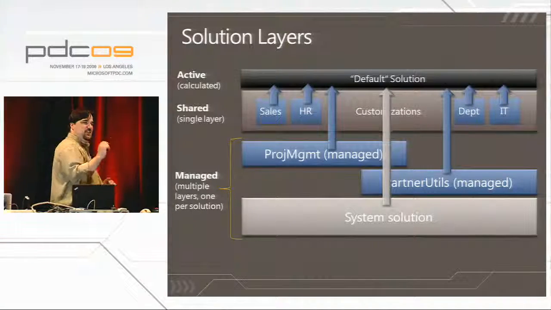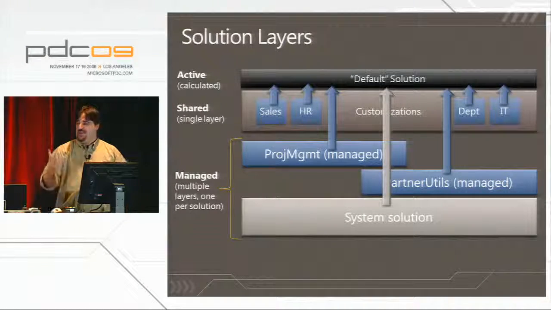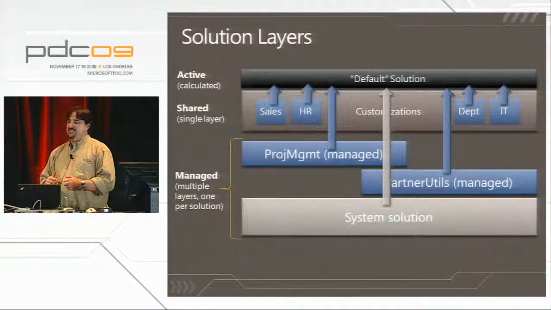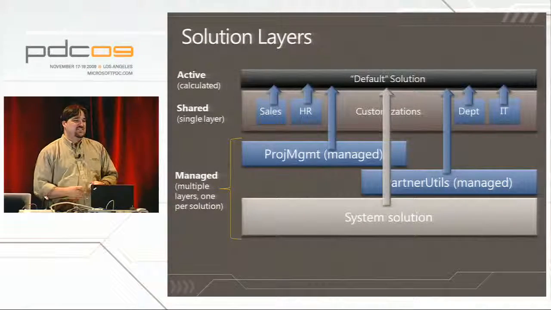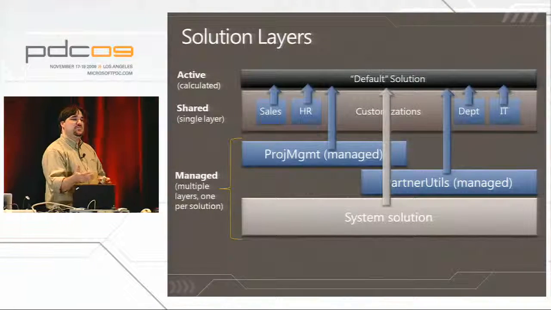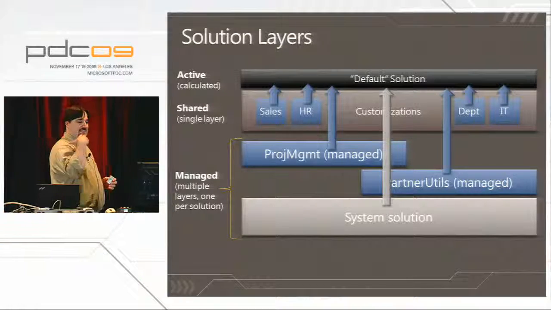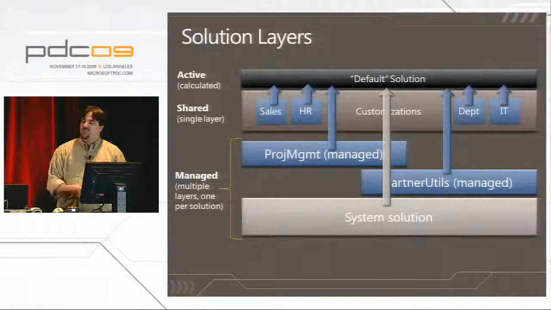When you see that default solution, that is effectively a calculated action. It is going through and evaluating all of the changes that have been made in the system through these different layers and producing what is the latest and greatest for each one of these entities. But recognize that what you see when you go through that view is really a produced view. It's the expression of all of those models.